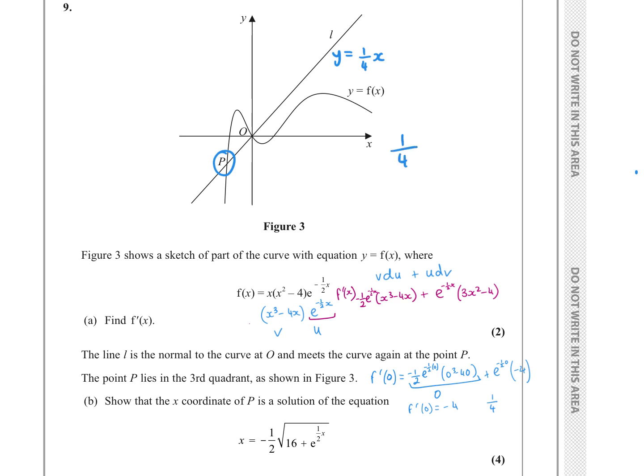So I'm going to get a quarter x equals x bracket x squared minus 4 bracket e to the minus a half x. Okay? Now, I need to rearrange this to get it into this form here, to show the x coordinate, so we need to rearrange this now to get this. So let's go for that.